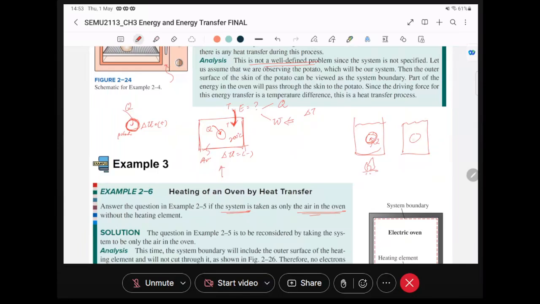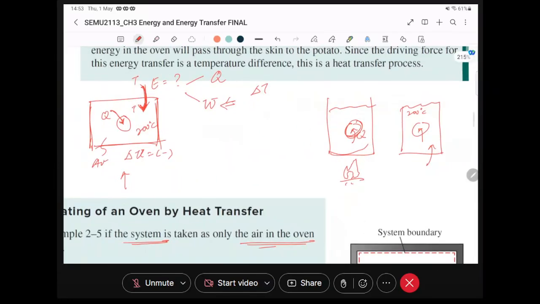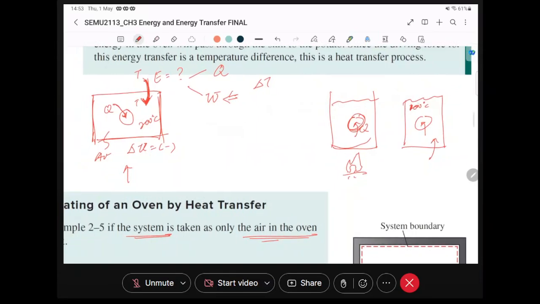There's energy out from the water going into the potato, of course. But there's also energy to maintain it. In fact, it is water, so it cannot be 200, so 100 degrees Celsius. And to maintain 100 degrees Celsius, there is energy coming into the water. Otherwise, as we cook the potato, the water temperature will drop.